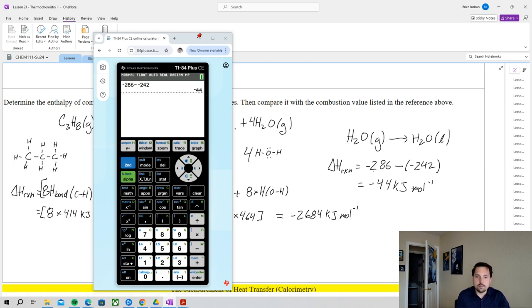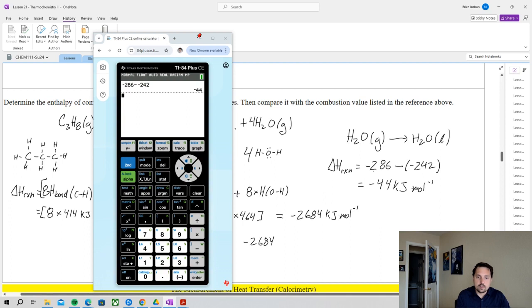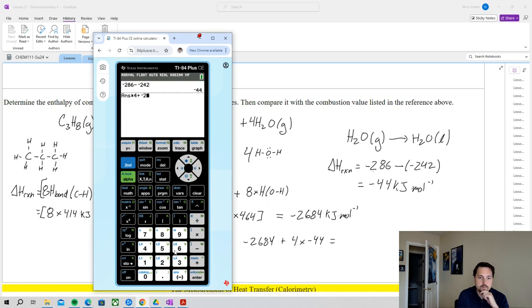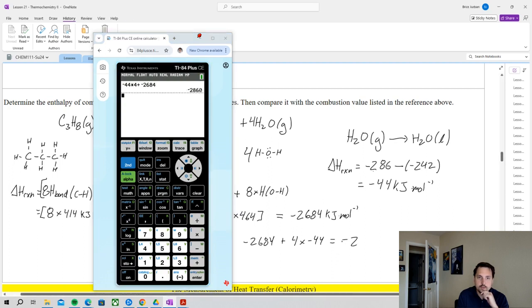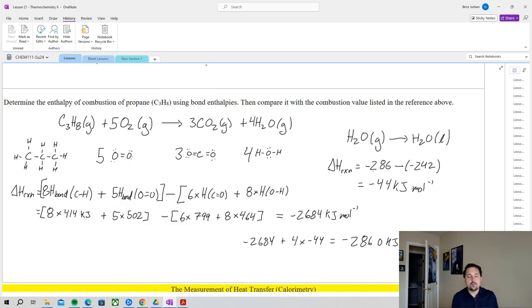So this value here, we're going to need to add an additional 4 water molecules, so 4 times this value. Okay, negative 2,860 kilojoules per mole for the combustion of propane.